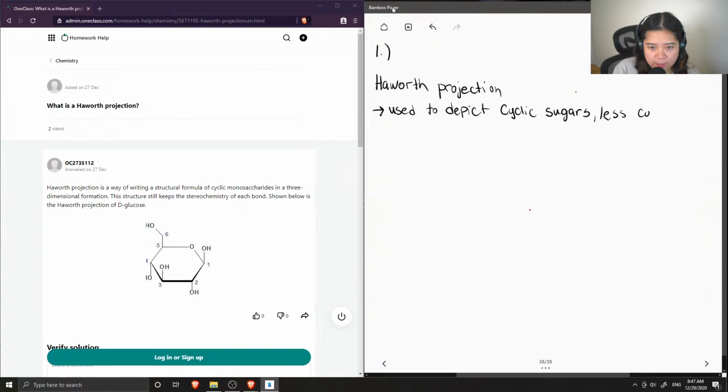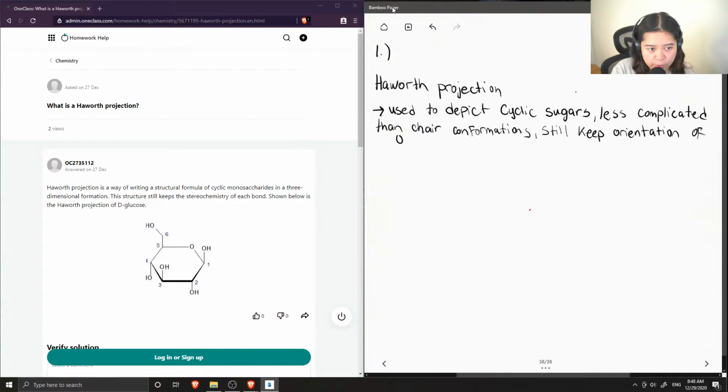People note that it is less complicated than chair conformations, and they still keep the orientation of your OH functional groups.